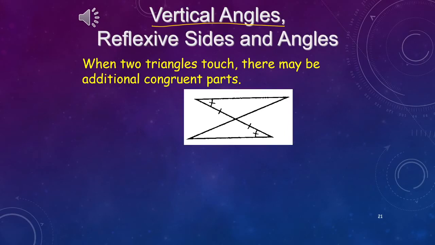You only have two parts, right? This one is congruent to this one, and this one is congruent to this. But there is a third congruent part there. There is no symbol, and you call that vertical angle.